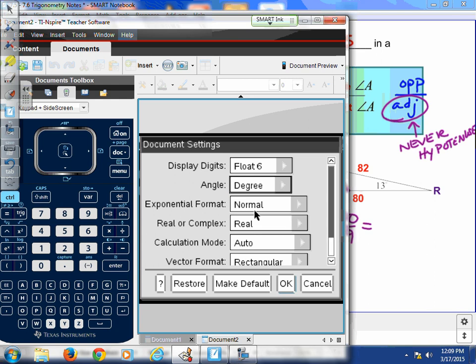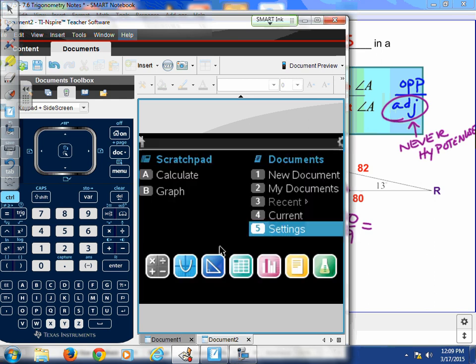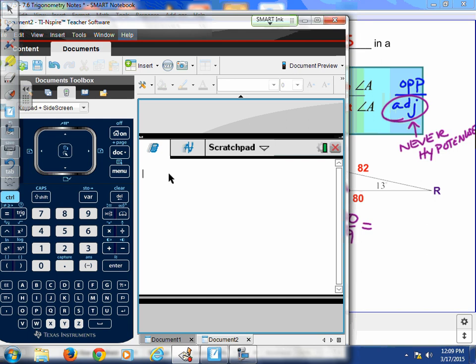So with your calculators at home, please set your calculator to degree. I'm going to make that my default. And we will not be working with radians. You can save that fun stuff for pre-cal. So on my calculator, I want the inverse tan of 40 divided by 9.